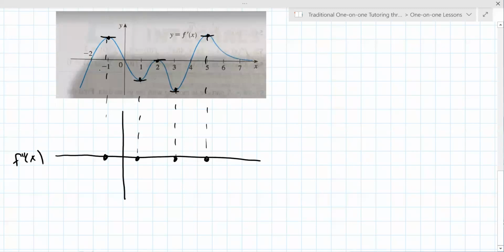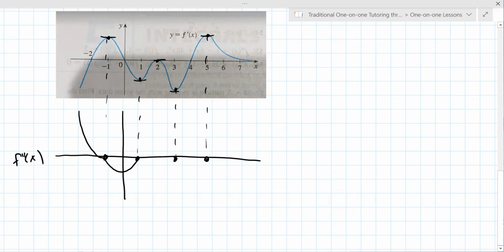Now, do you see how the graph is going up? Here it's increasing. That means it's positive here, but it's got to connect at that point. Do you see how the graph of this one up here is decreasing? So that means it's below the x-axis here, but it's got to connect back to that point.